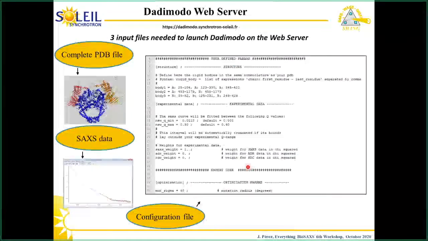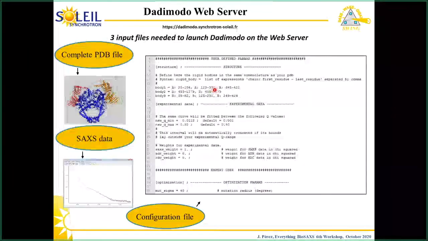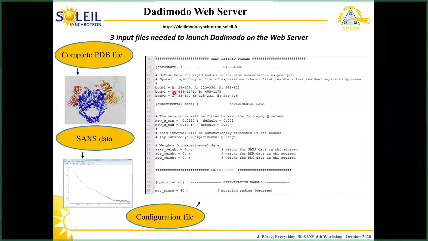And you have to provide a configuration file in which you tell which are the rigid domains in the sequence, from which chain they come, and what is the range of residues that compose a given rigid domain. This is very similar to what is done in SASREF, and actually we were inspired by the way SASREF proposes the input.